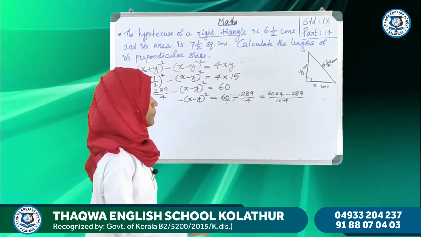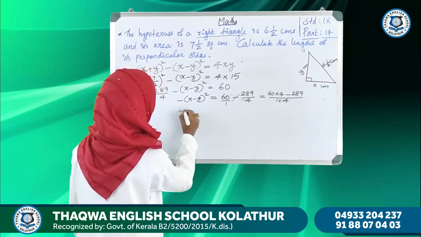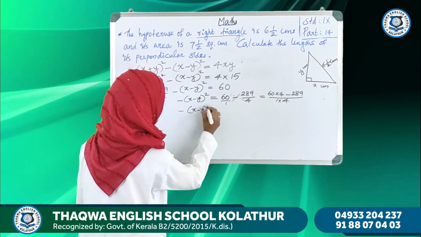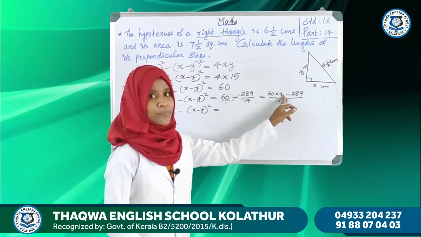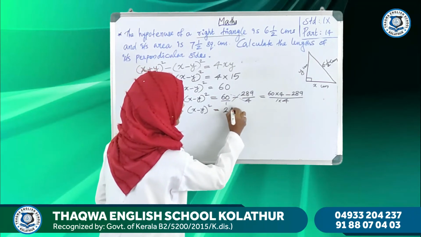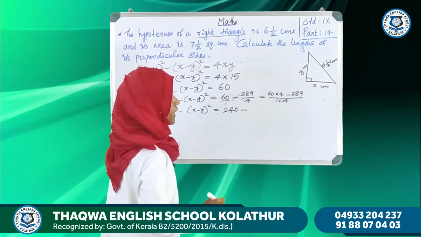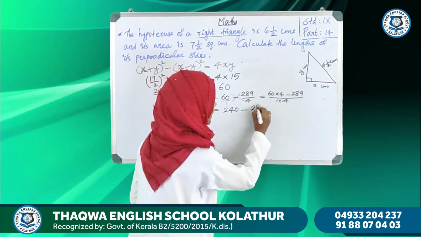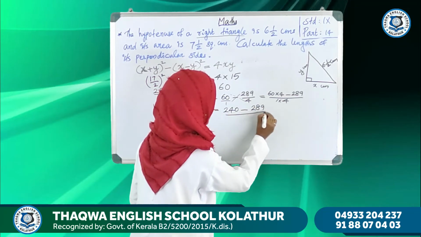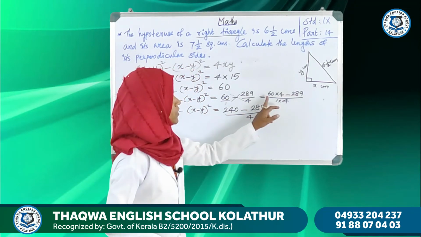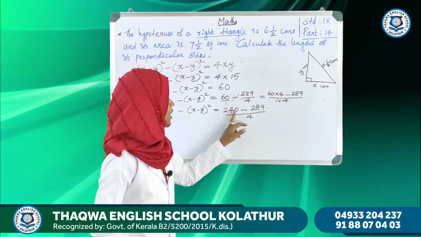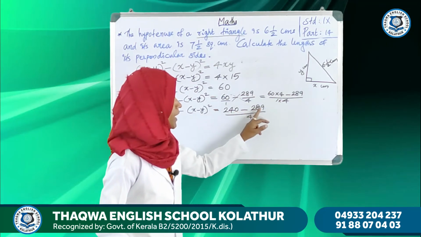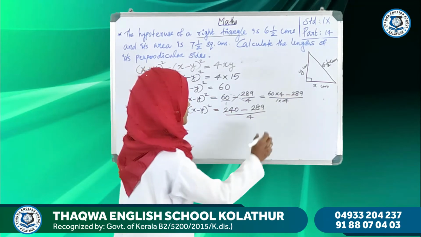Just LCM. Now minus of x minus y whole square is, here 60 into 4, 240 minus 289 divided by 4. 6 into 4, 24. So 60 into 4, 240 minus 289 by 4.